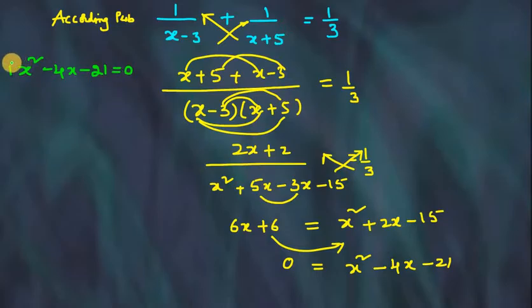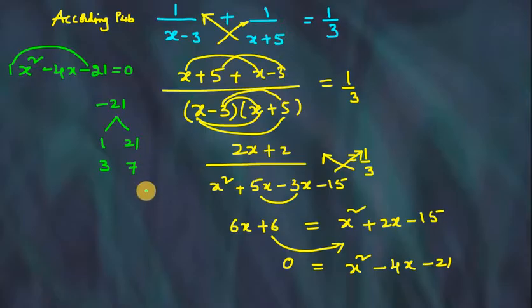As you know how to solve a quadratic equation, I take the x square coefficient with the constant, that is 1 with minus 21. The factors of 21 are 1 and 21, and 3 and 7. We get only two pairs.